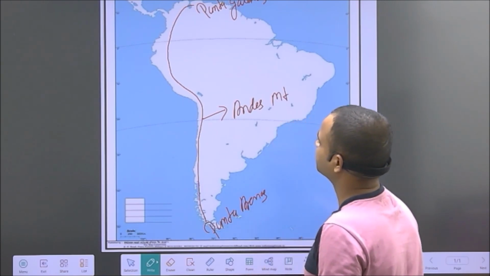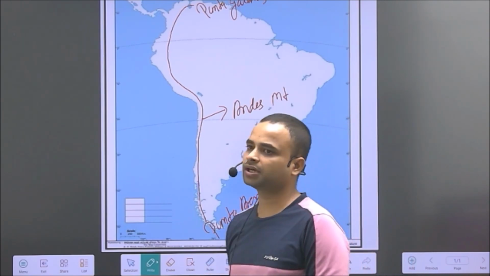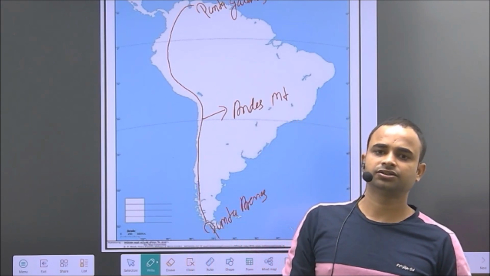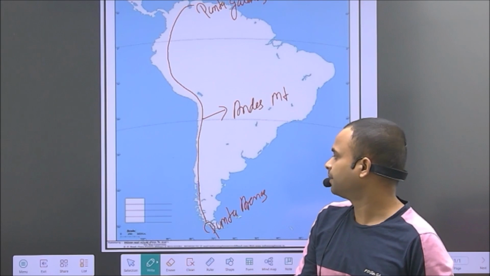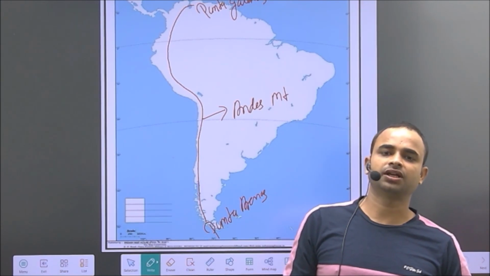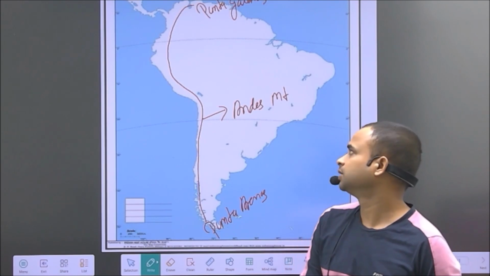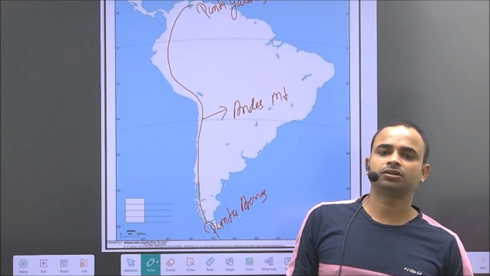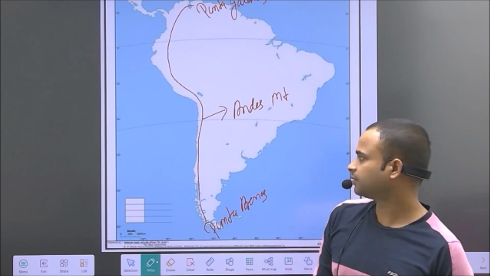Punta Gallinas is situated in Colombia and Punta Arenas is situated in Chile. And between Punta Gallinas and Punta Arenas, the Andes mountain is situated. So here are some important facts about the Andes mountain.